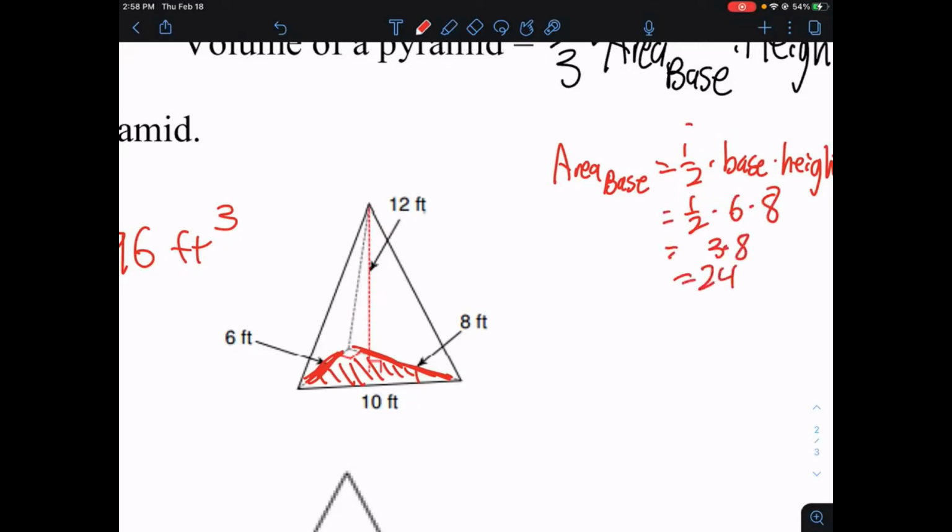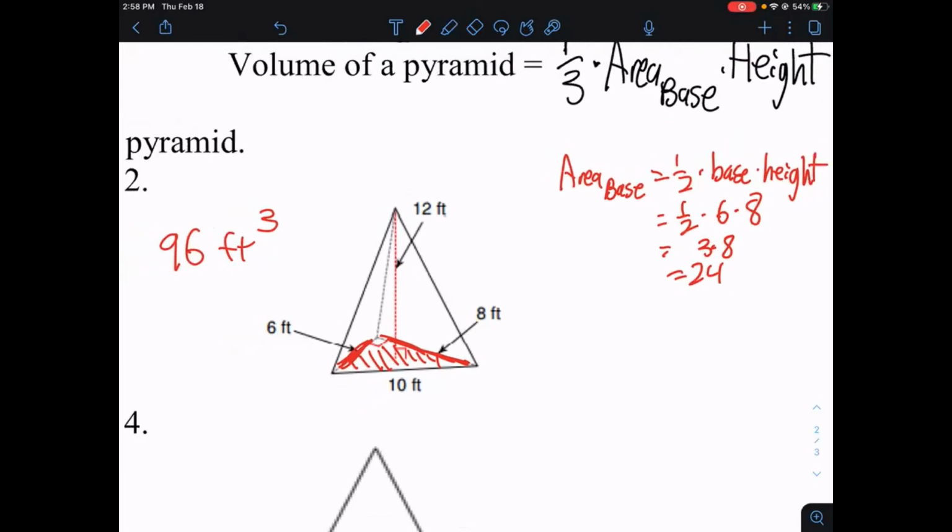Some of you, again, may have forgotten to do the 1/2 like I did earlier. Again, the 1/2 is for all triangles, including this one. And the units are feet squared. Now for the volume of this pyramid, remember it's 1/3 times the area of the base times the pyramid's height.